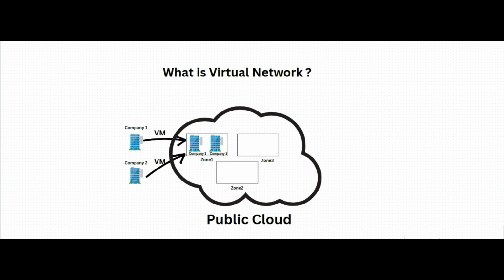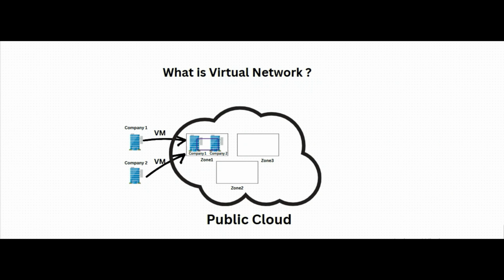Let's understand what is virtual network. Imagine company 1 and company 2 both decided to host their application in Azure. Company 1 requests a virtual machine to be set up in East Europe region, specifically in zone 1. Similarly, company 2 also requested a virtual machine in the same zone in East Europe.